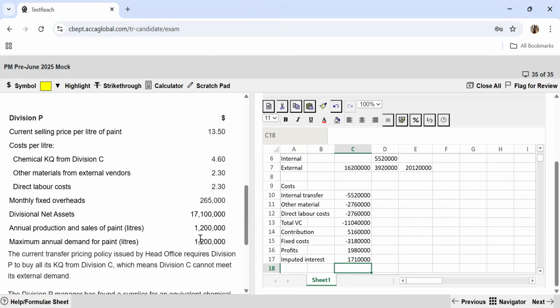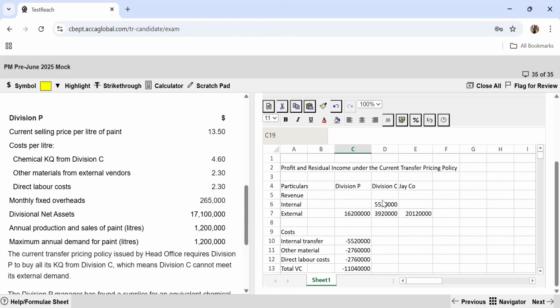So this is what we are going to take. This is what we are going to subtract from here, put a negative sign. You take away the imputed interest, so the residual income for this particular division is going to look something like this. $270,000 will be the residual income for division P.